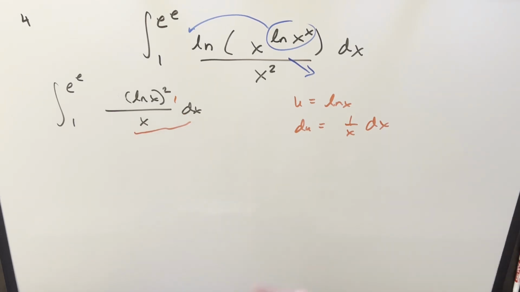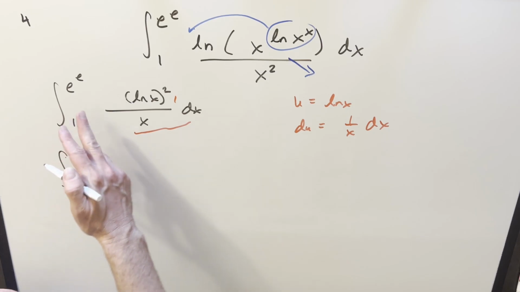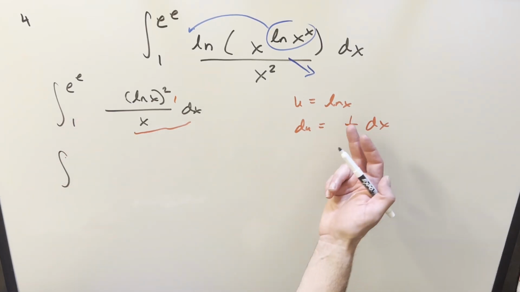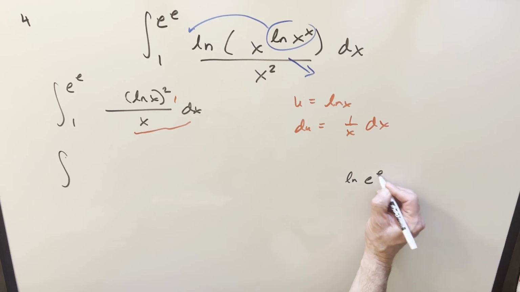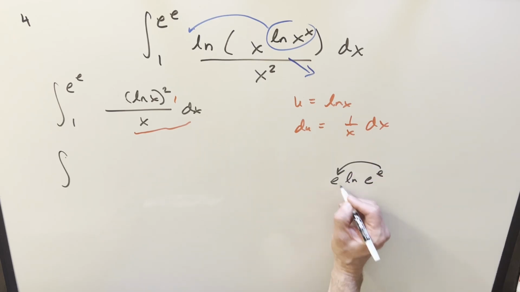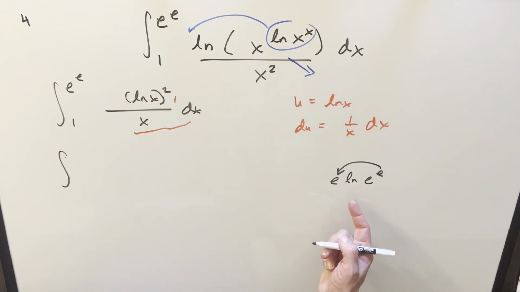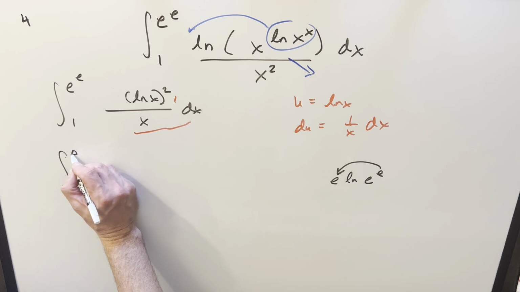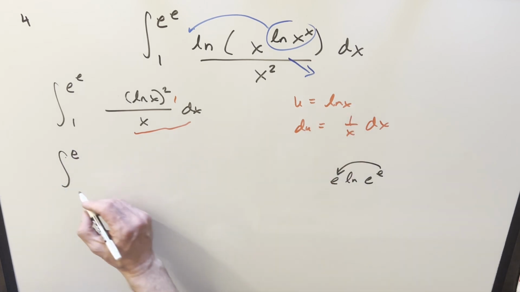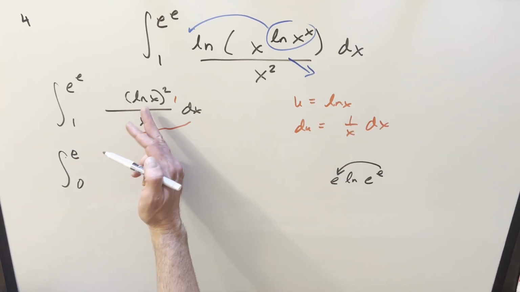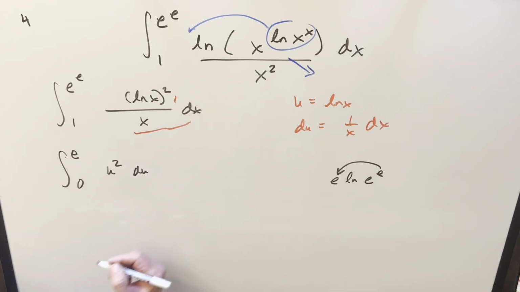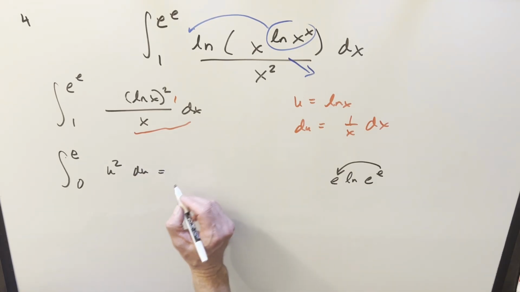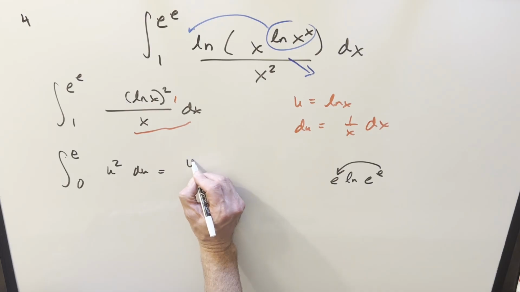We'll go ahead and substitute, first plugging in e to the e: that's ln e to the e. Bring that out front. Natural log e is just 1, so this upper bound just becomes e. And then you plug in 1, and it's 0. Then simplifying, the numerator becomes u squared. Everything else is du.